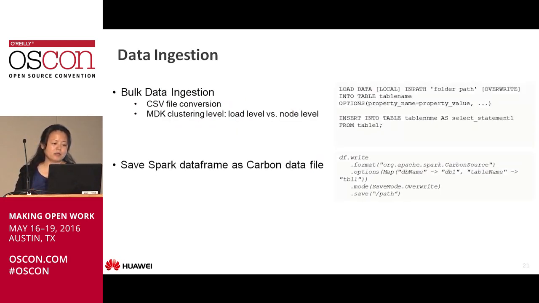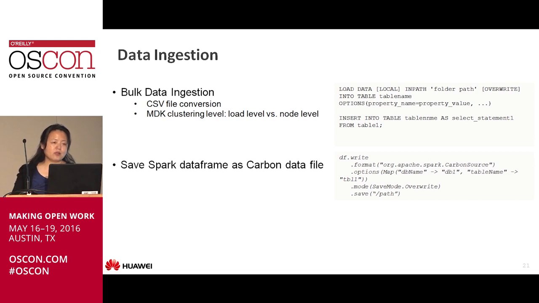We have talked about read and write. Now we come to data ingestion, basically how you can write a carbon file. We support two major types. One is CSV file conversion into carbon data through bulk data ingestion.